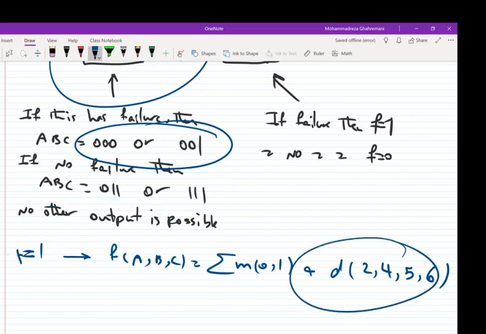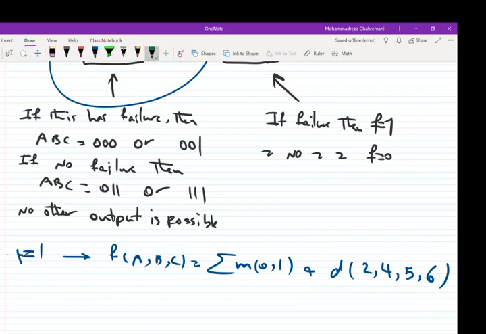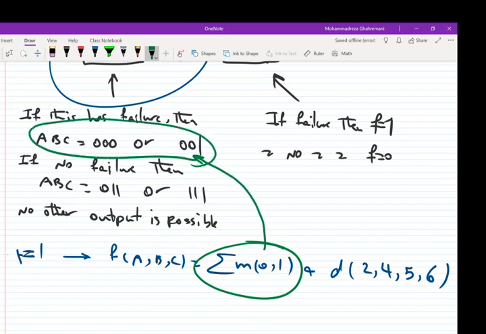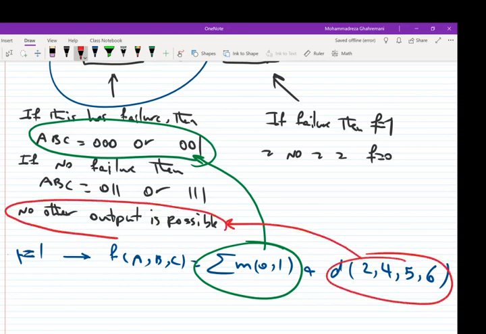So let me show you with arrows. Here we can say that these minterms are because there was an error, and these don't cares are these other conditions that cannot occur.